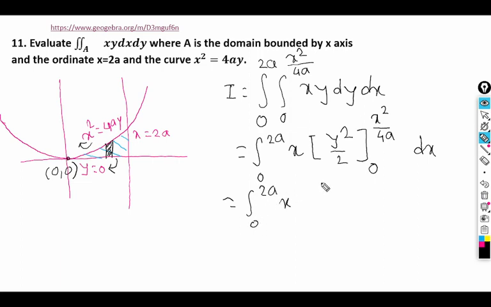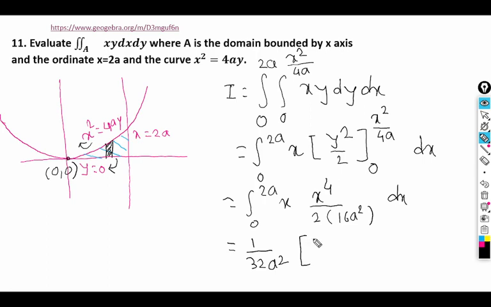We put the upper limit, x square upon 4a, squared. So it becomes x to the power 4 upon 16a square. This 2 is as it is, 2 into 16a square, dx. Lower limit, when we replace y by 0, it's 0. So indirectly 1 upon 32a square is a constant outside, and this is x raised to 5.